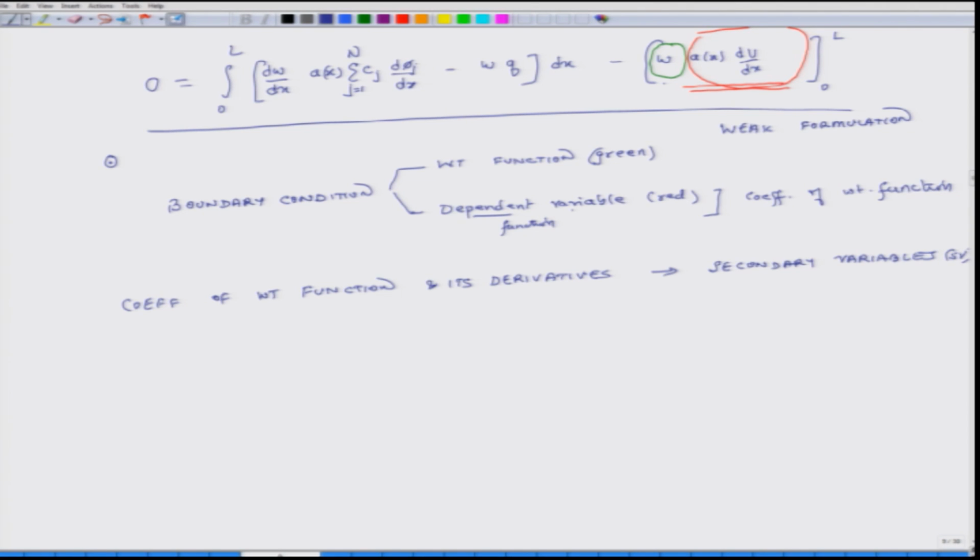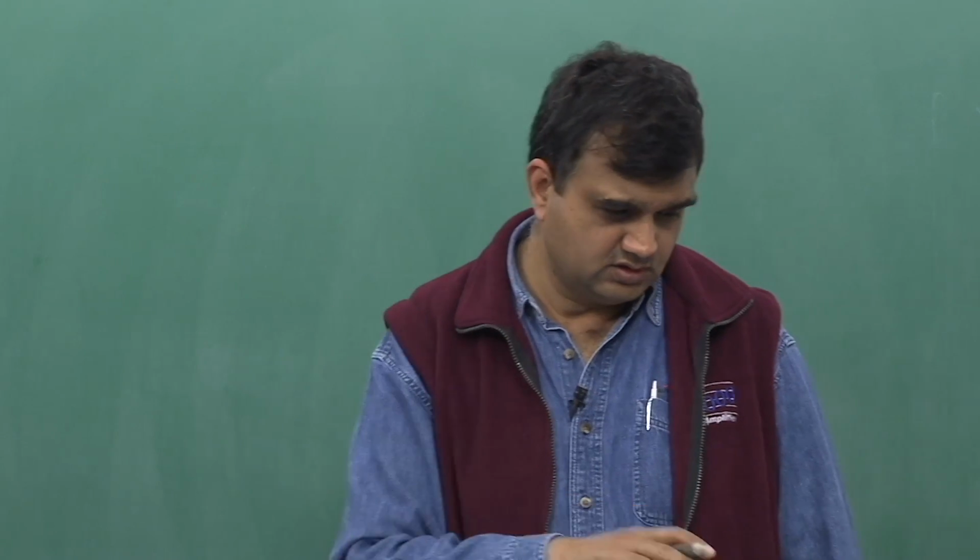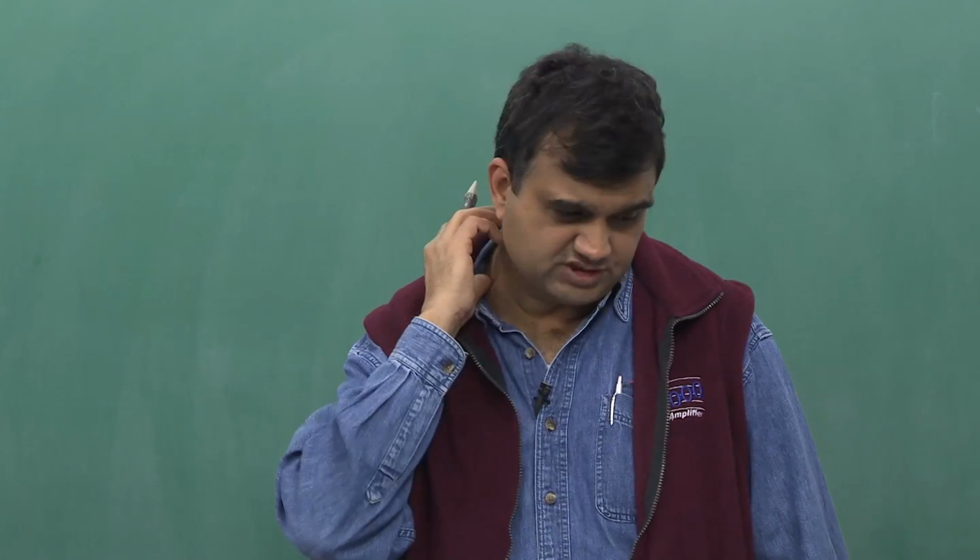In this case it is A x du over dx, that is my secondary variable. And if I specify this, then I say that I have specified the natural boundary condition. So, this is a logical way to say which one is the natural boundary condition and which one is the essential boundary condition.